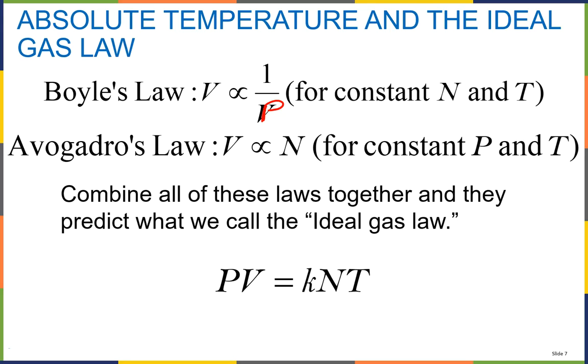So if you take all of those laws and you relate them, you had pressure is proportional to temperature, volume is proportional to temperature. You can write a proportionality as pressure is equal to constant 1 multiplied by temperature. Volume is equal to constant 2 multiplied by temperature. If we go on to the third one, volume is inversely proportional to pressure.